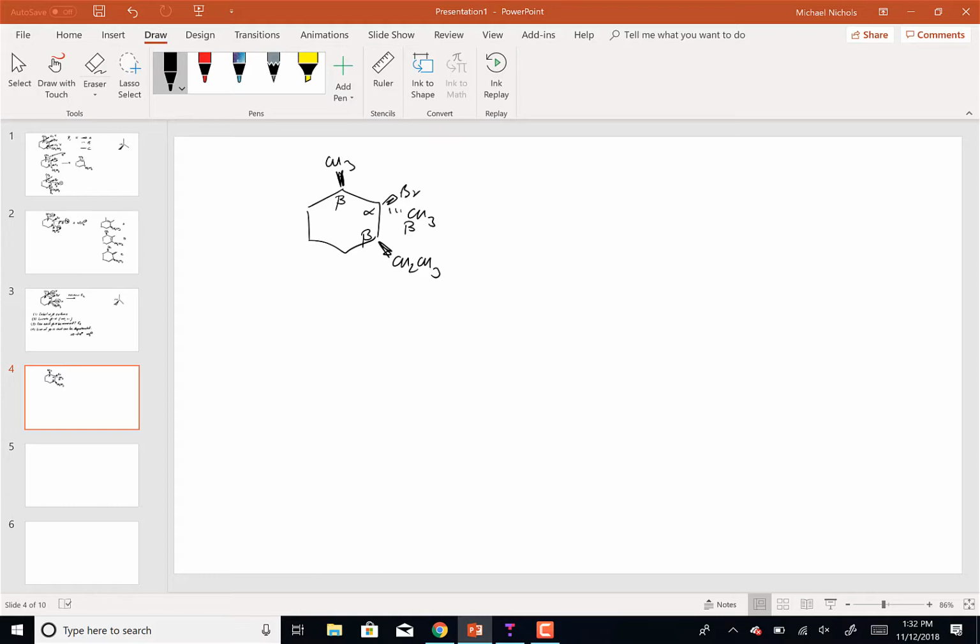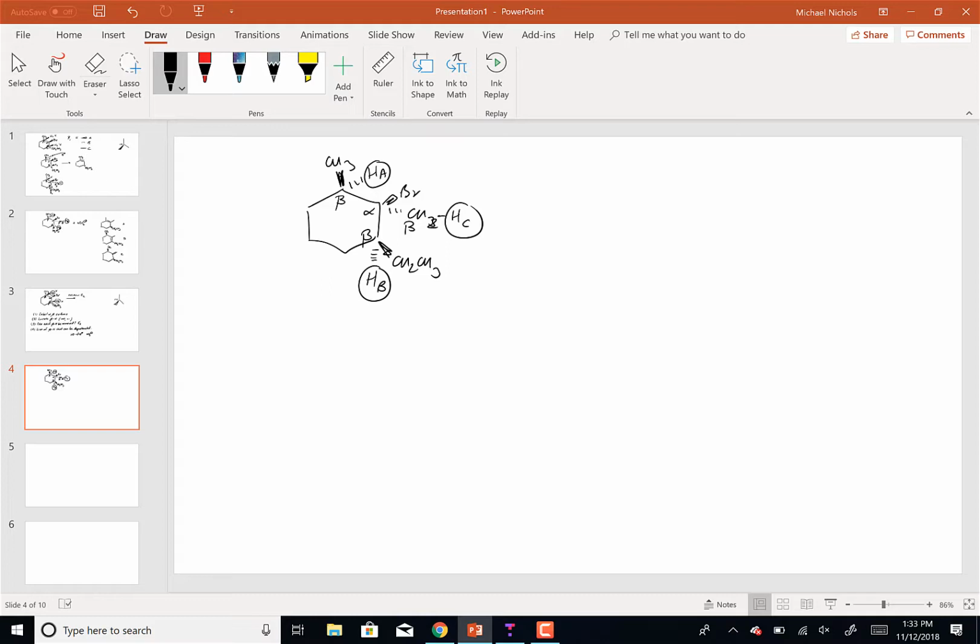So we've got beta hydrogen A, beta hydrogen B, and then beta hydrogen C, depending on which one gives each of the products.